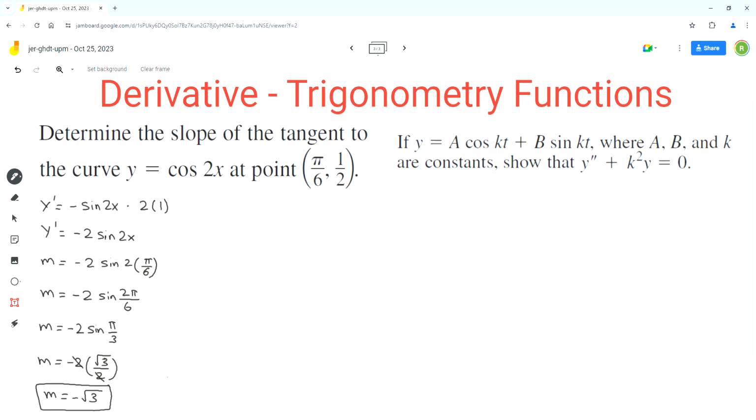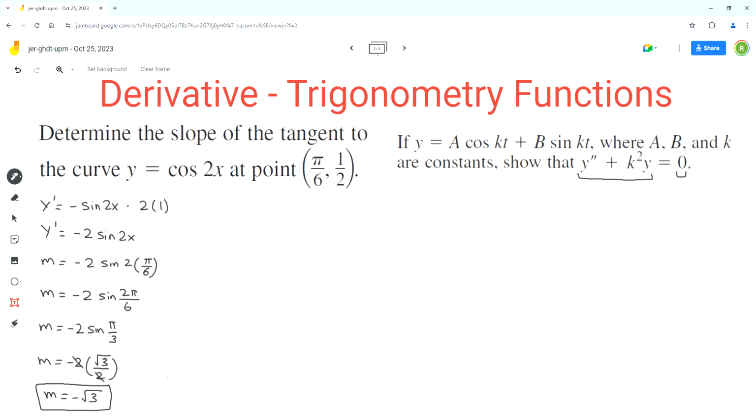So in this problem, we have to prove that the expression on the left side becomes equal to 0. The first step is to find the second derivative of y, and for that we'll have to find the first derivative.